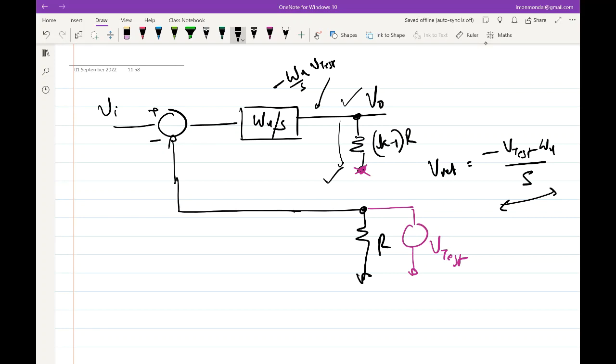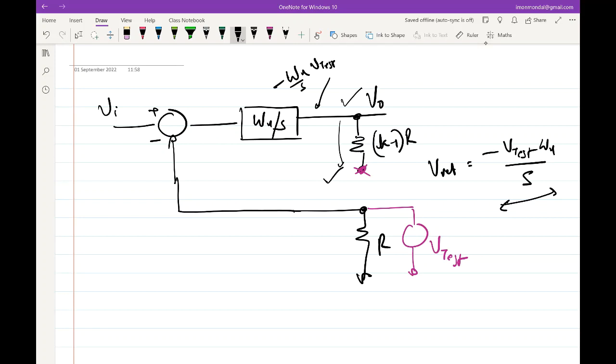Which essentially means that I should be drawing the same amount of current from the node V0, right? In other words, the block that is preceding that node should be providing the same amount of current. Okay, so the loading should be the same before and after breaking the loop.